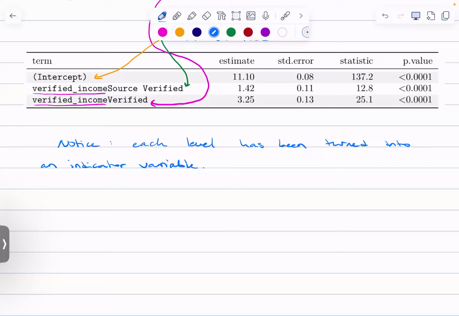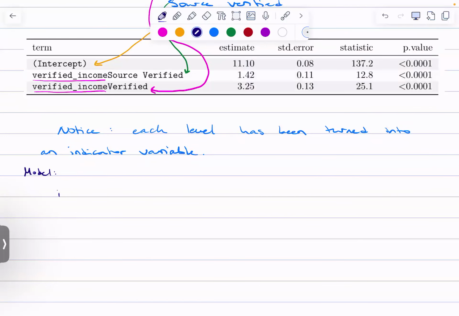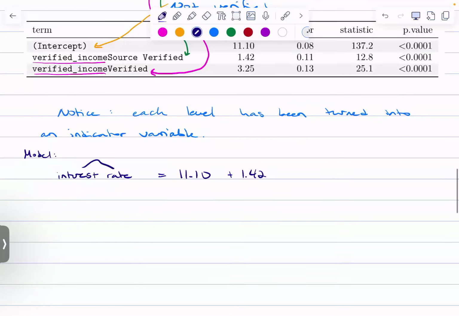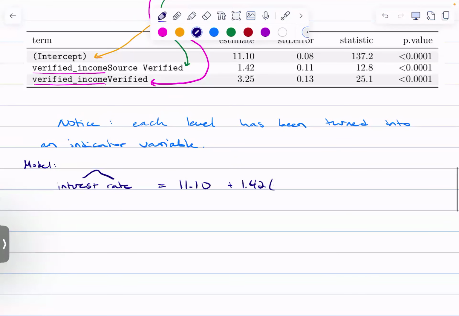And so now our model looks like this. Our interest rate hat, which is our predicted interest rate still, is 11.10 plus 1.42 times verified income. I wish it was shorter.